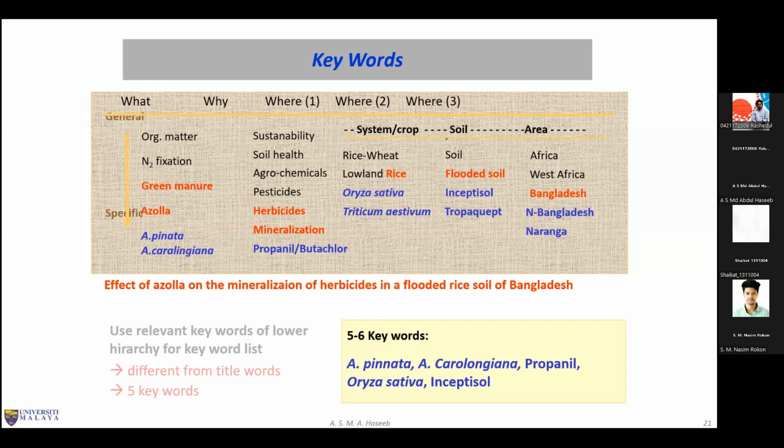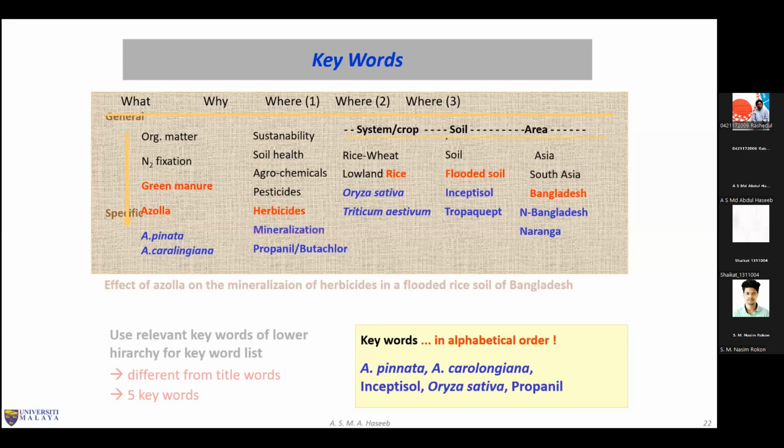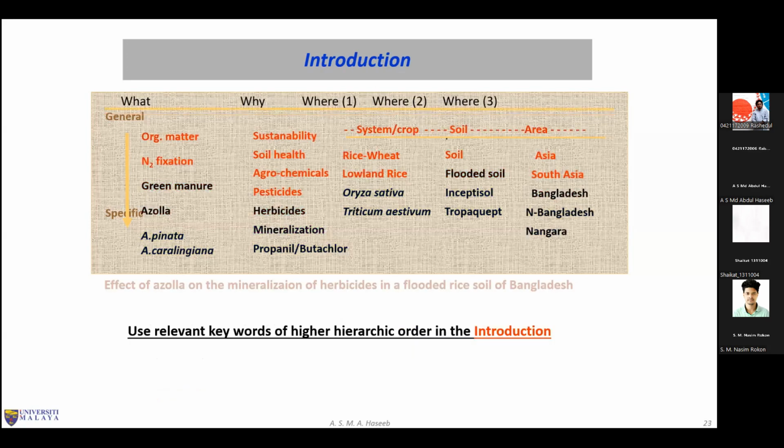This scheme is also useful for writing your introduction. In the introduction, we use words which are more general, because we will see that the introduction starts with general terms and goes to specific. That means the words that are above the title words that we identified last time, and these are shown in red color.